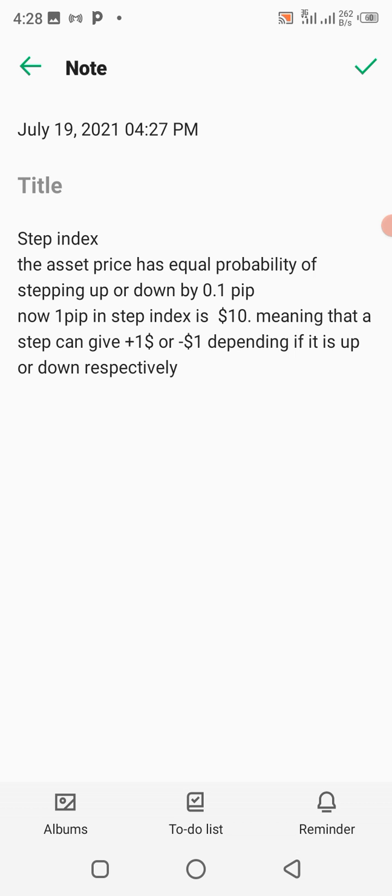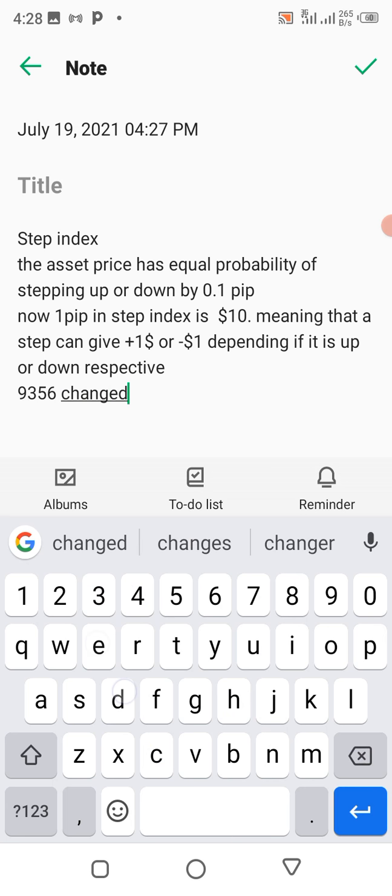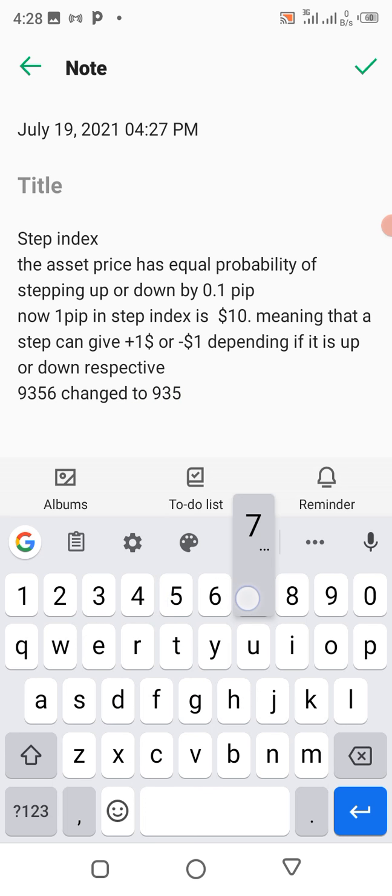strategy I'm showing you. First of all, you have to know that 1 pip in step index is equal to $1. If a price is at, because this asset is for the small whole parts, if a price is at let's say 93.56, and changed to 93.57.